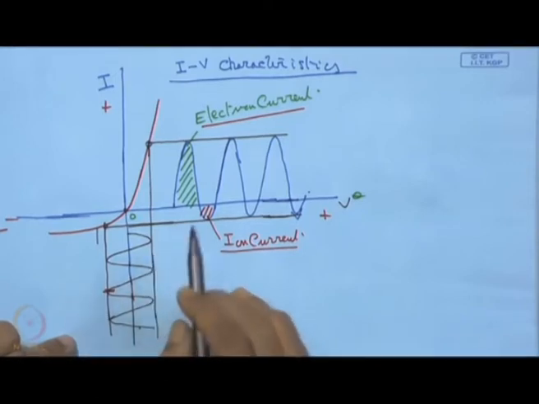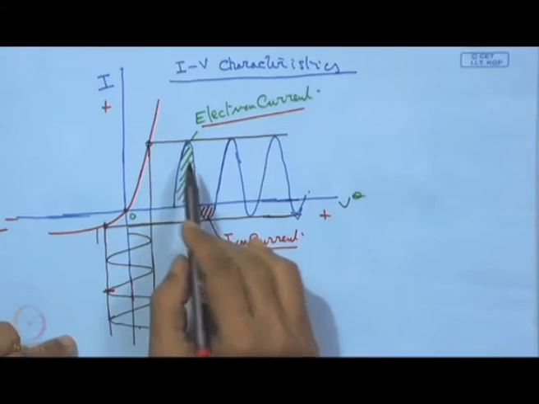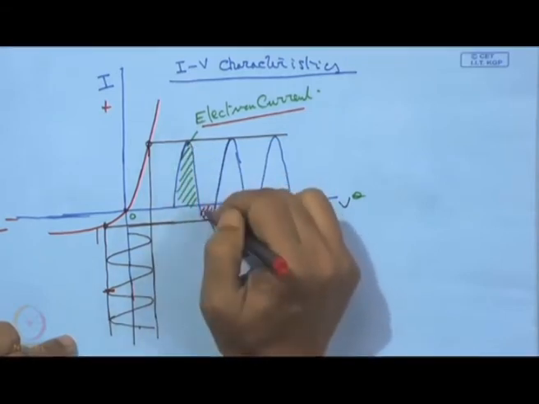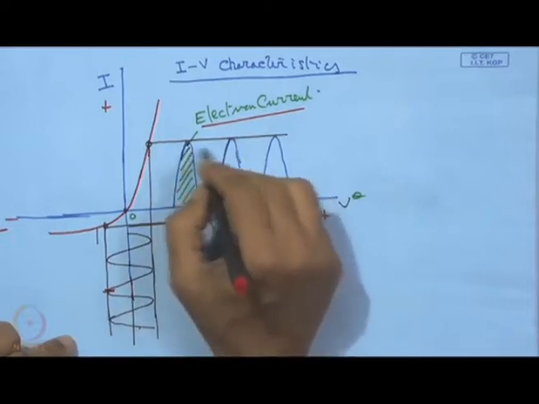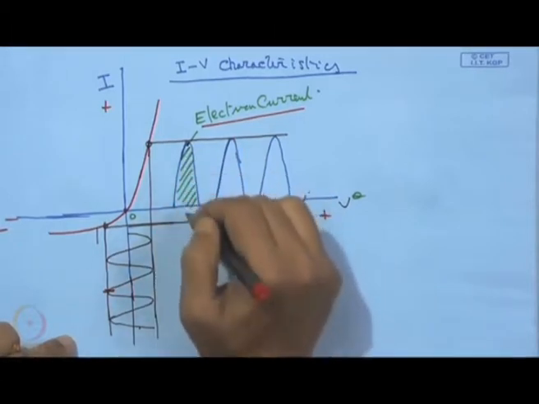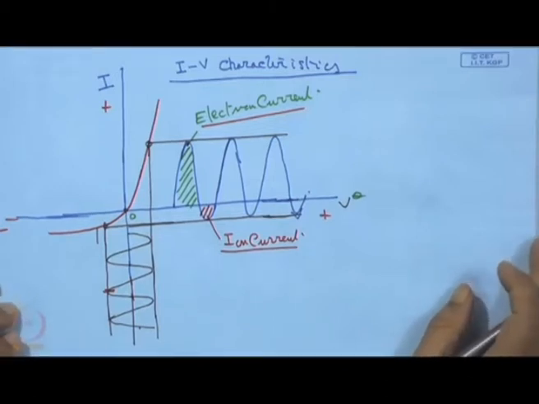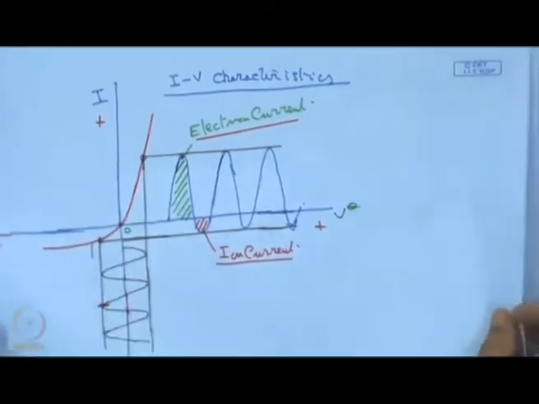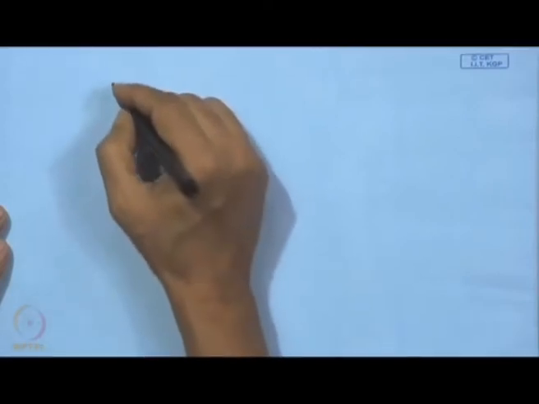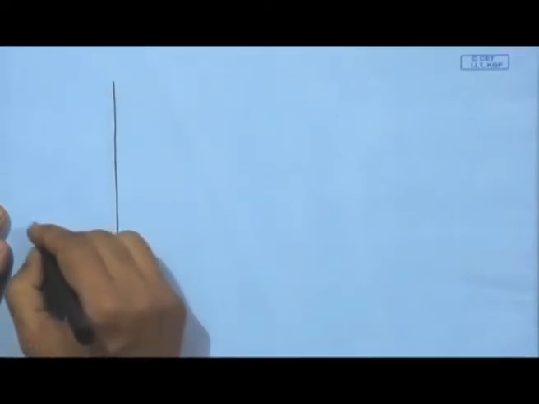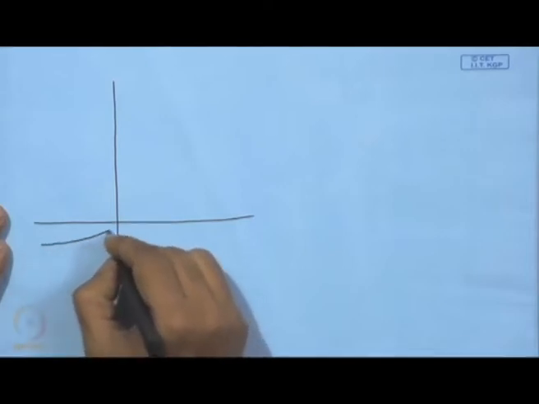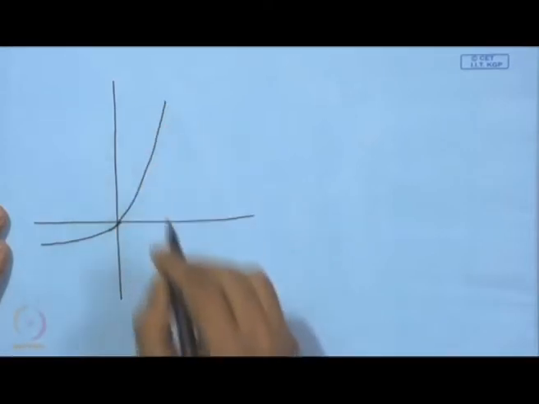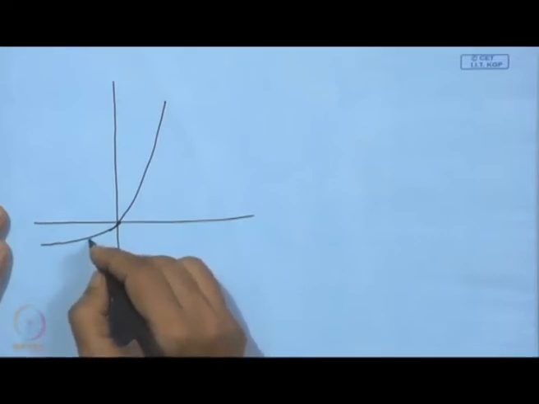That means the area under this peak from this baseline is quite different: here we have excess electron current, which should not happen physically in practice. So we have to redraw and readjust this diagram, and then see how this equalization is possible. We have to make a little adjustment over this characteristic curve that we have drawn here.